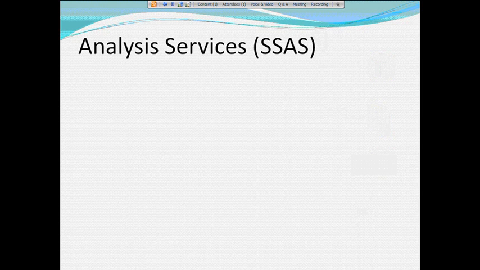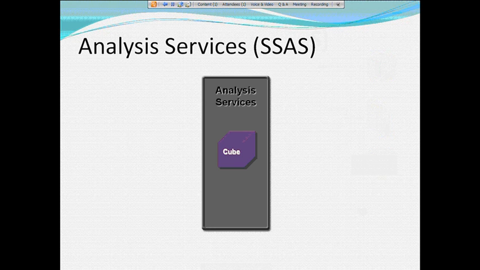The next item I want to talk about is SSAS, which is SQL Server Analysis Services. SSAS is the analytics engine and the mining server as part of the Microsoft Business Intelligence Suite. The data is saved in the form of a cube. And what is a cube?